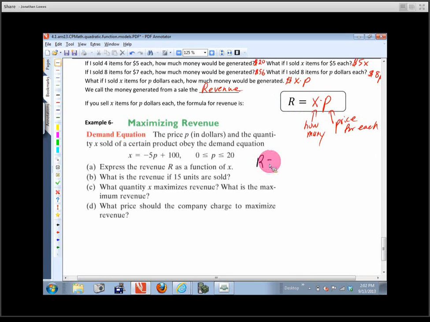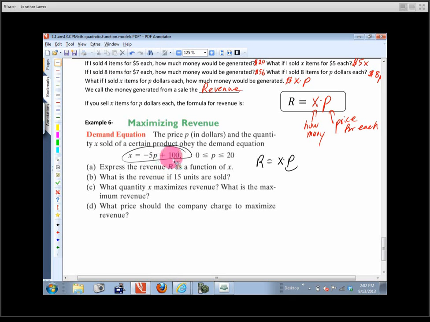So the revenue is equal to X times P. Amber, we don't like the two variables. Which one do we like better, X or P, in this particular case? We like X, because it says write it as a function of X. So which one do we want to get rid of? We want to get rid of P. Well, guess how we're going to get rid of P? Right there. So let's take that and let's solve that for P.